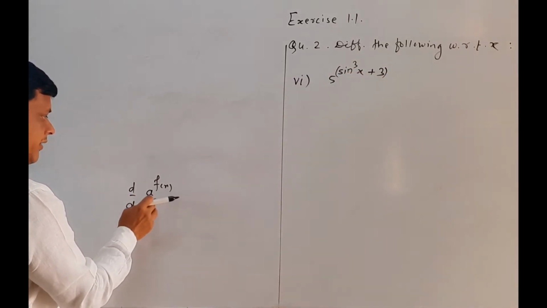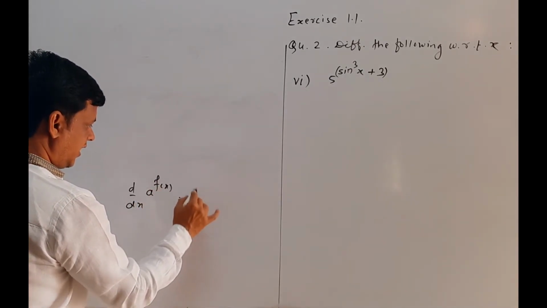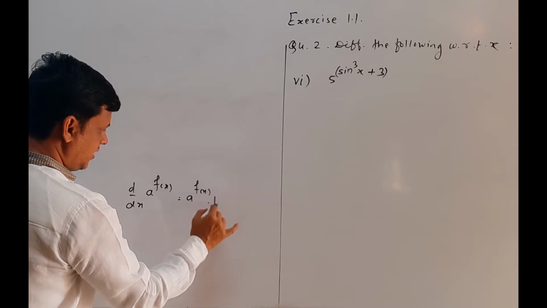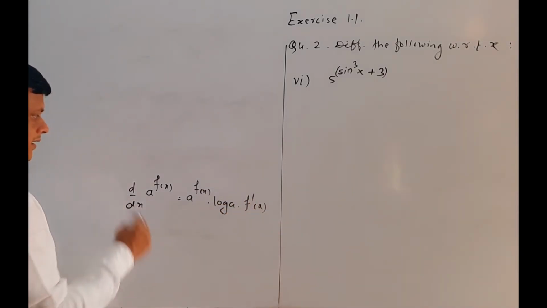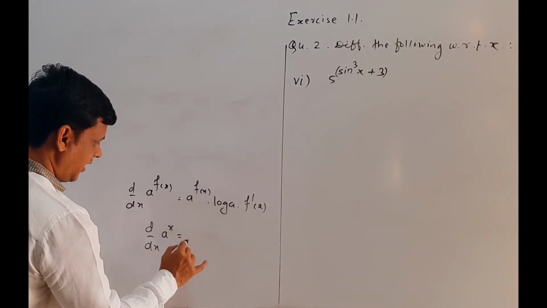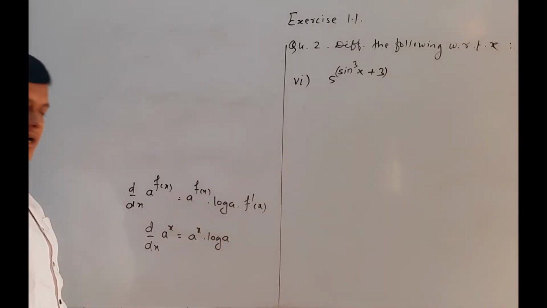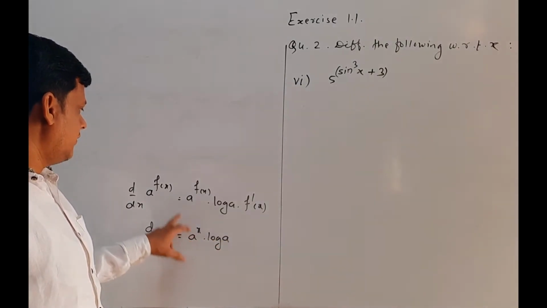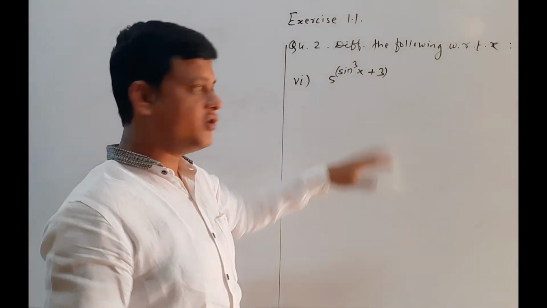So we know that the derivative of a raised to the power f of x is a raised to the power f of x into log a into f dash of x. If you know the standard form, d by dx of a raised to the power x is a raised to the power x into log a. So here in place of x, the value is sin cube x plus 3, that means this is a composite function.